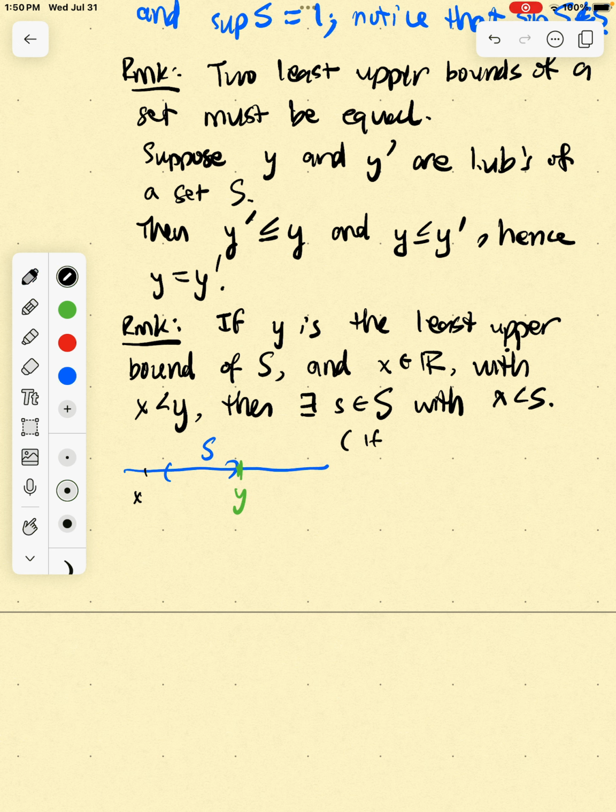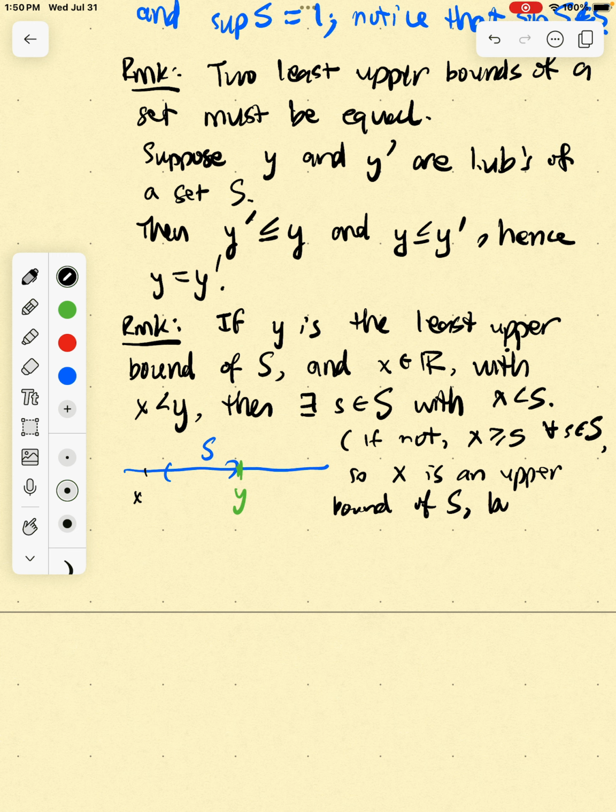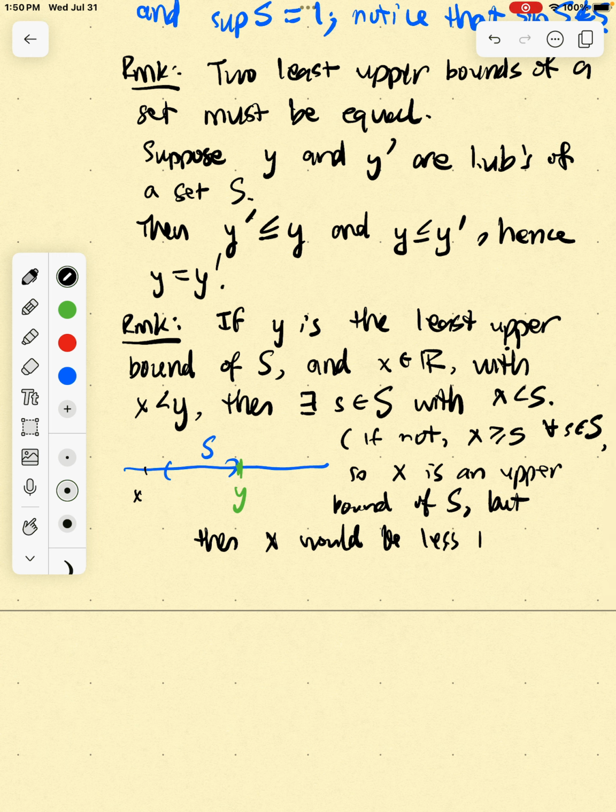But the reason is, if there weren't, then that would mean that x is greater than or equal to s for every s in S. But that would mean that x is an upper bound of S. But if y is the least upper bound, then x can't be less than y, because then x would be an upper bound that's lower than the least upper bound, namely y.